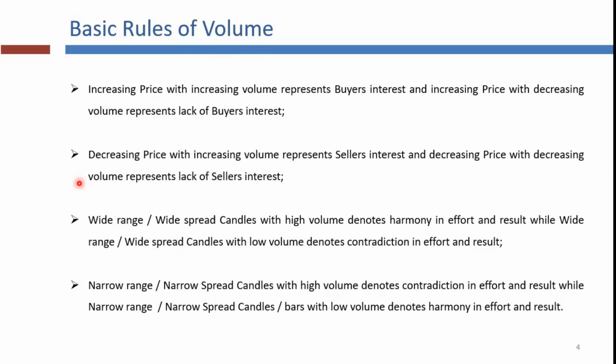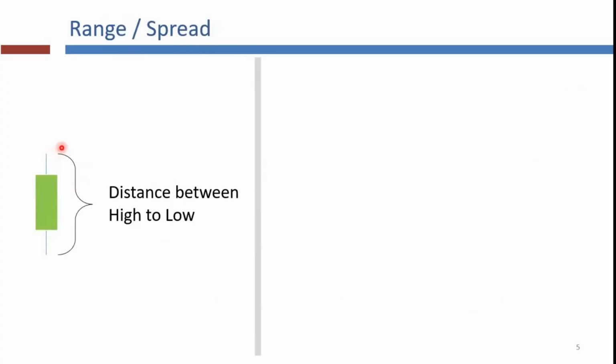Before we go ahead, let us first look at what is range or spread of a candle. The range is the distance between the high of a candle to the low of a candle. Now let's see what is a wide range and narrow range candle. We are going to compare whether the range of a candle is wider or narrower on the basis of this candle.